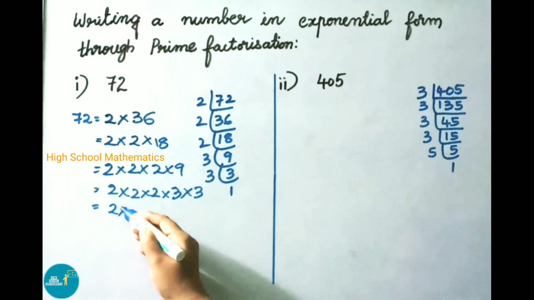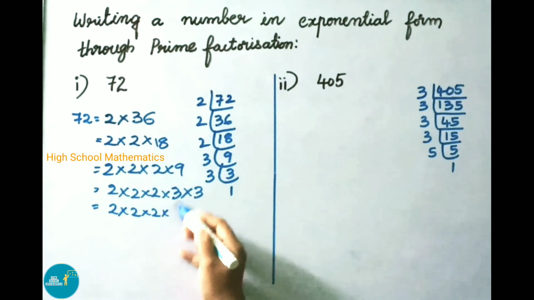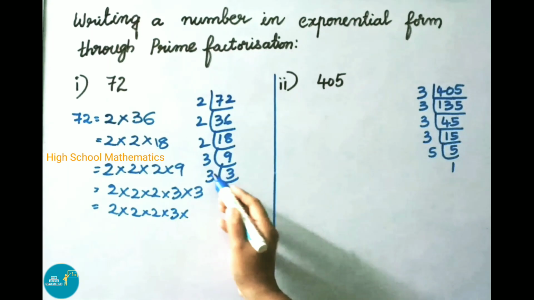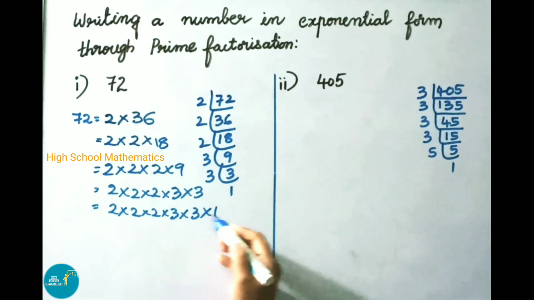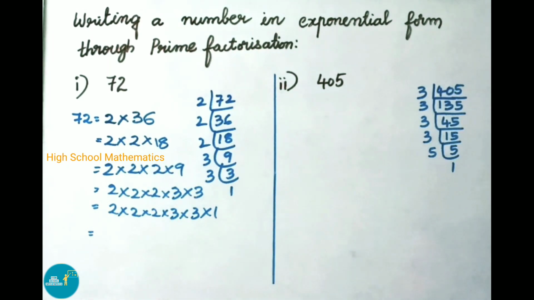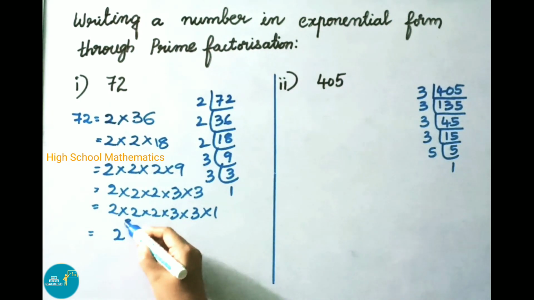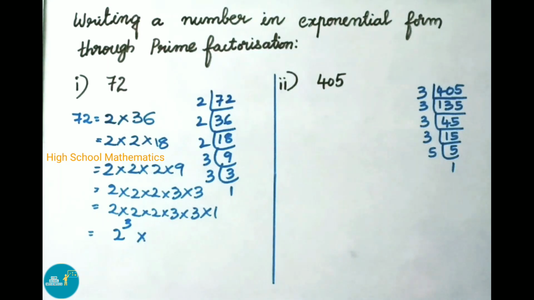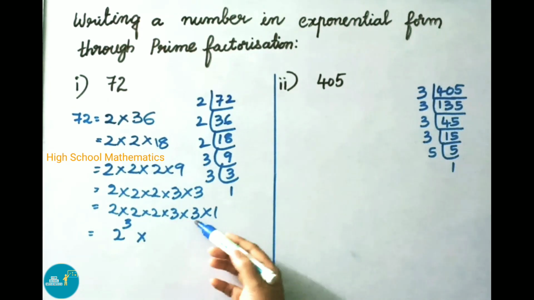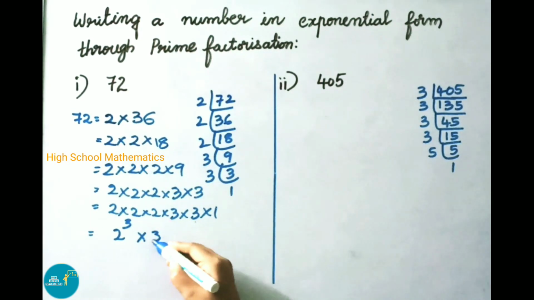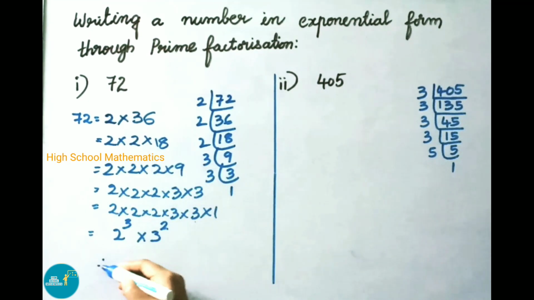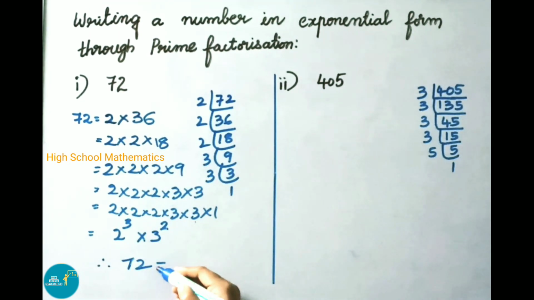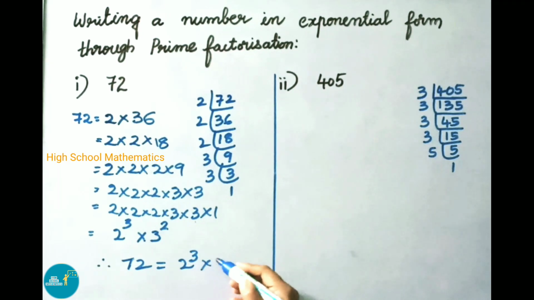That equals 2 into 2 into 2 into 3 into 3. How many times is 2 multiplied here? 3 times. So in exponential form it is 2 power 3, into 3 multiplied 2 times, which is 3 power 2. Therefore 72 is equal to 2 power 3 into 3 power 2 in exponential form through the prime factorization method.